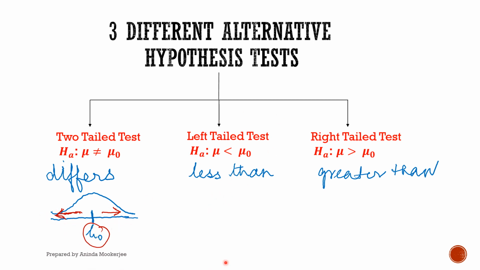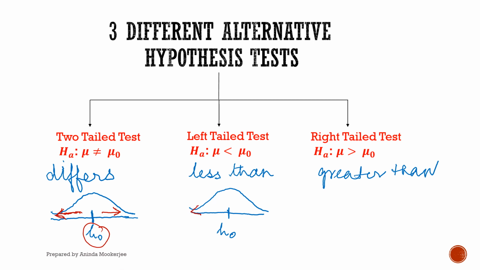For the left-tailed test, let me just draw the curve here. We have our normal curve, and again, the null hypothesis mean is located at the center. When we are saying that the correct population mean is less than, that means we are saying that the correct mean is located somewhere to the left.